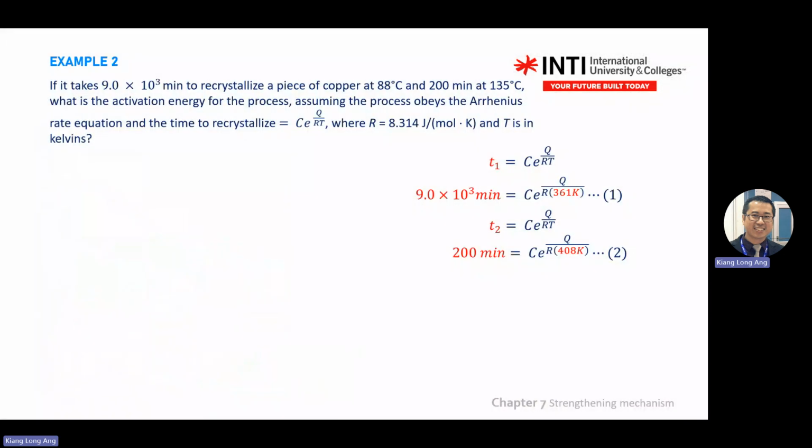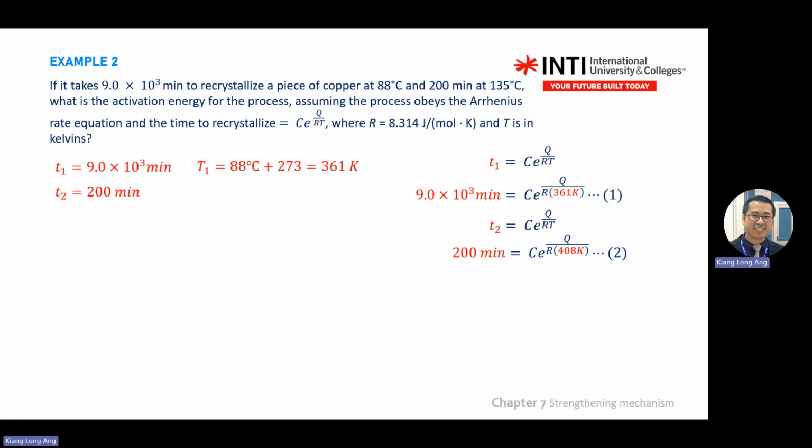So this will be the question. Question 2 gives you: if it takes a certain number of minutes to recrystallize a piece of copper at 88 degrees C and 200 minutes at 135 degrees C, what is the activation energy of the process, assuming the process obeys the Arrhenius equation, given by this one, and the time of recrystallization is so and so, right?